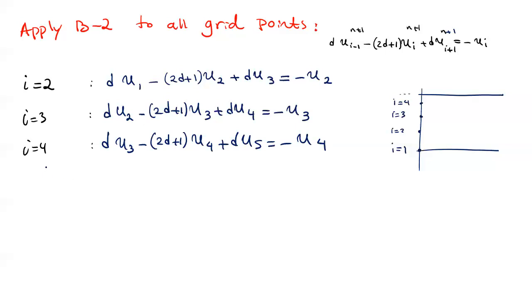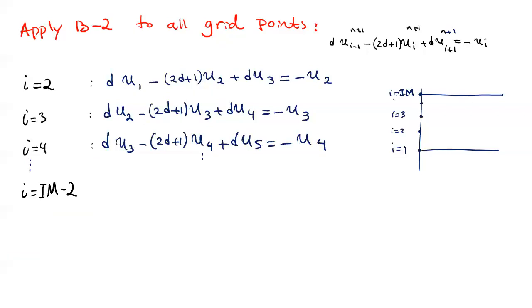Now, let's say my maximum, the one on top, I call it I, capital M, maximum I. That's my highest I, depending on the number of nodes I have. In this case, I'm going to write first for IM minus 2, two nodes before that. I can show that I'm skipping some steps.